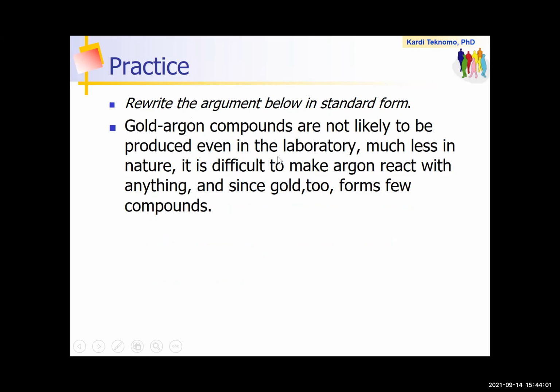How about this? Gold-argon compounds are not likely to be produced even in the laboratory, much less in nature. It is difficult to make argon react with anything, and since gold too forms few compounds. Oh, it's just one sentence, so can you find the premise and the conclusion?